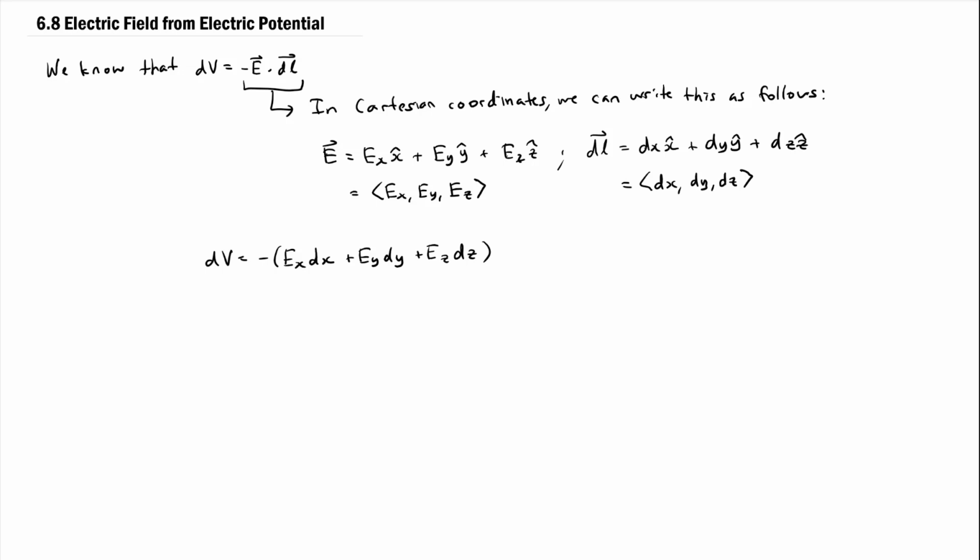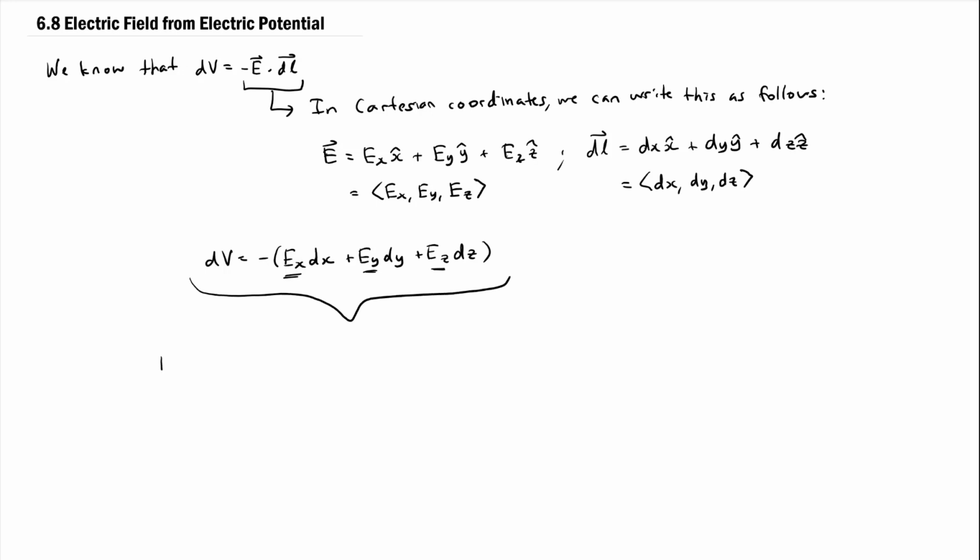The other thing we want to take note of is how to calculate these values. So if we split this up, we can actually define this electric field in 3 different ways.